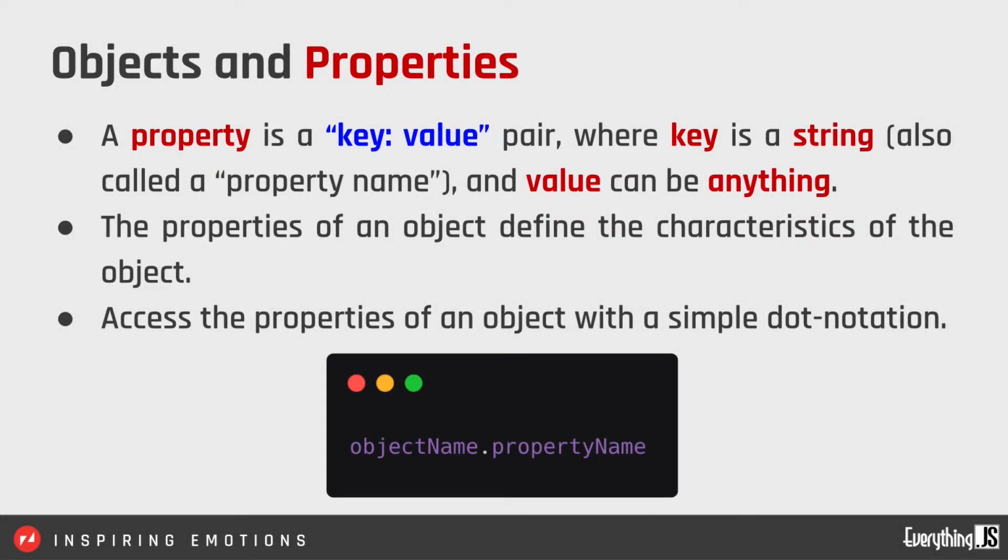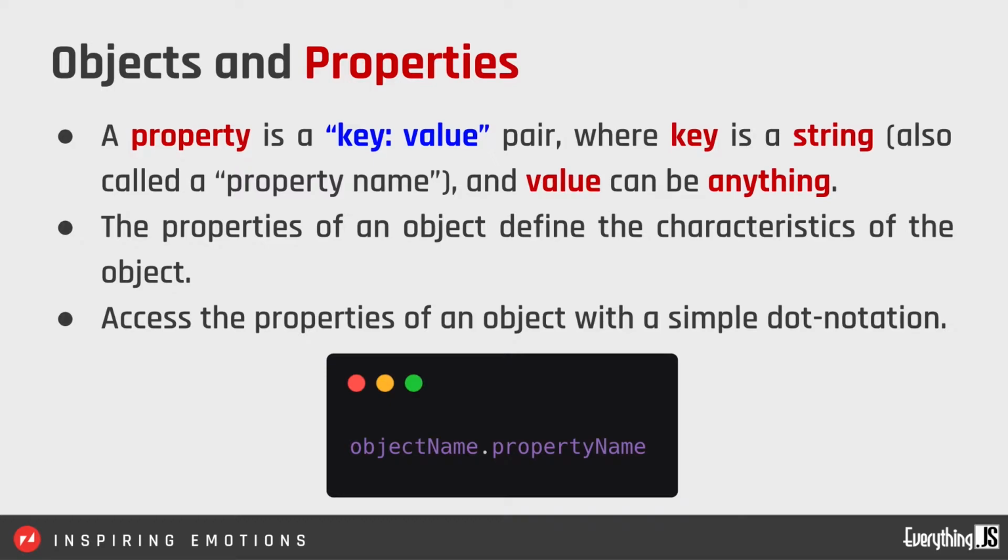Like I mentioned earlier, a property is a key value pair. When you define an object, you define a key, which would be a string, and you can also give values, which can be anything.